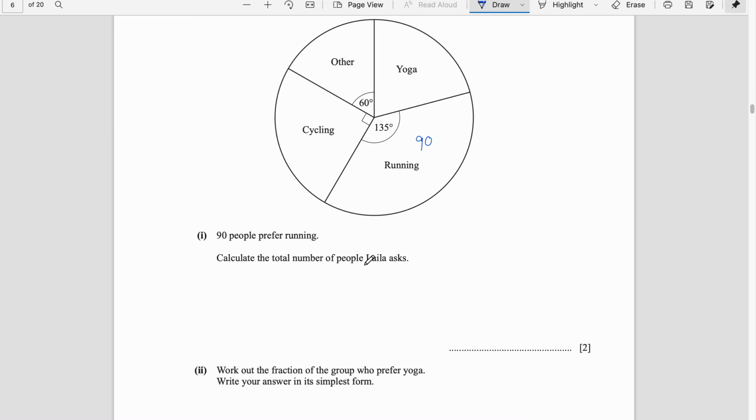So if 135 degrees is representing 90 people, 360 degrees should represent x, which is the total. Cross multiply: 135x is equal to 90 into 360, and x is equal to 90 into 360 by 135. Use your calculator and we get an answer of 240 people.